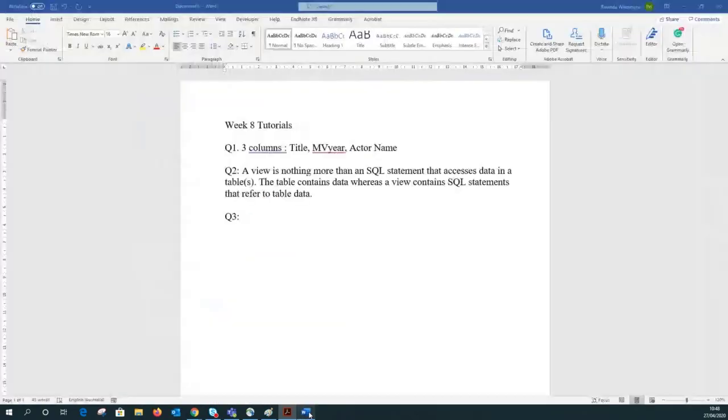So what we can say is a database object named mview is created. Mview is a view object. It's not a table object, it's a view object.